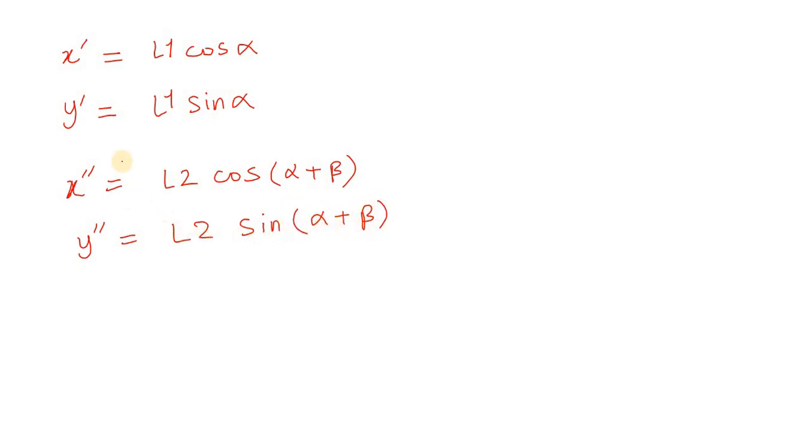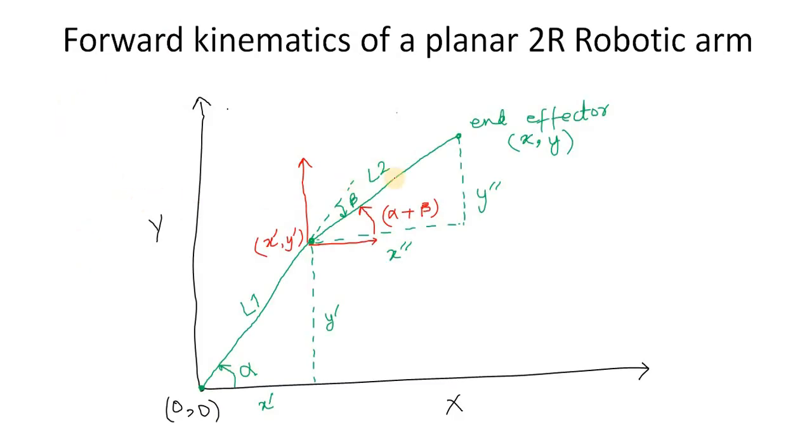Okay, so now we have these two values, and you see that the final length of your end effector along the y coordinates is the sum of your y dash and y double dash.